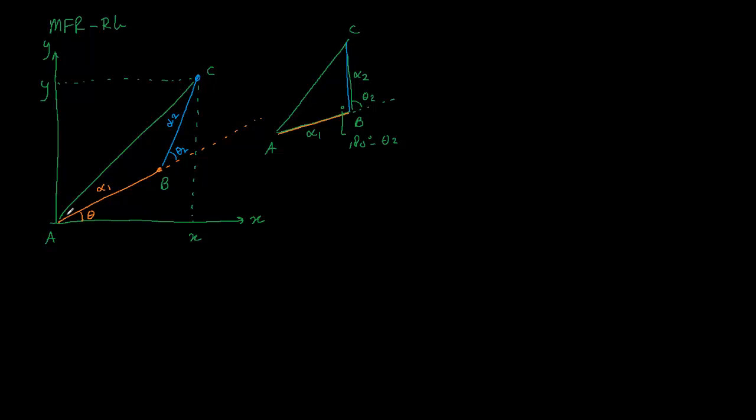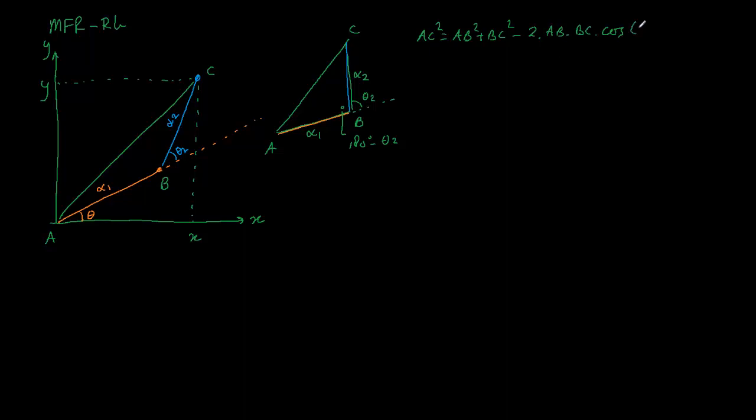We can use the law of cosines here, which says that AC squared equals AB squared added to BC squared minus 2 times AB times BC times the cosine of the angle between the two legs AB and BC.